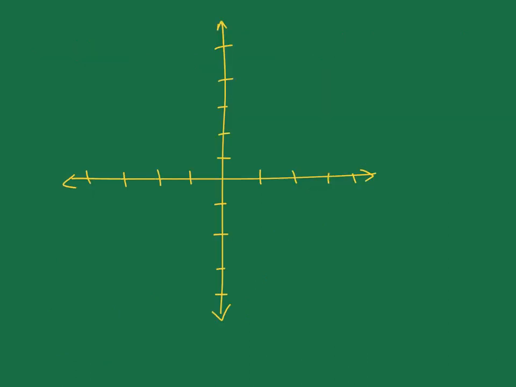Now I'm going to use everything that I just found to draw my graph. I know that I have a y-intercept at (0, -1/2). I know I have an x-intercept at (1/2, 0). I have a horizontal asymptote at y equals 2. I have a vertical asymptote at x equals -2.